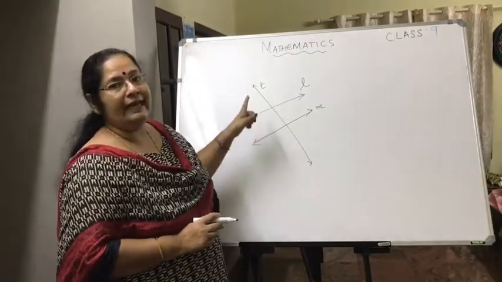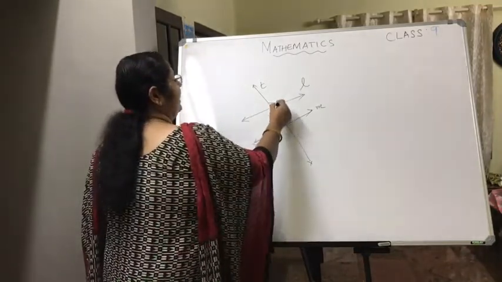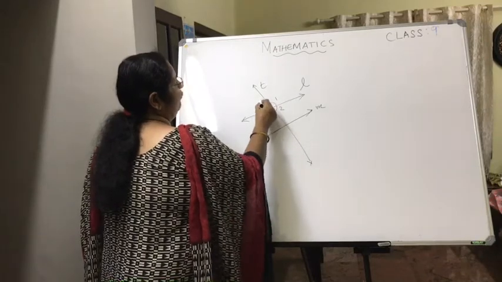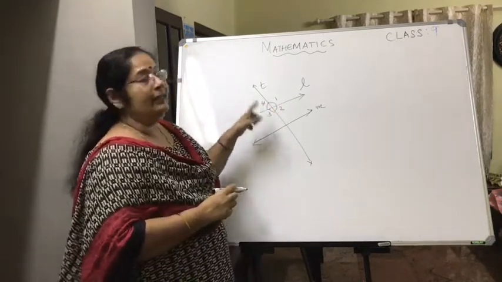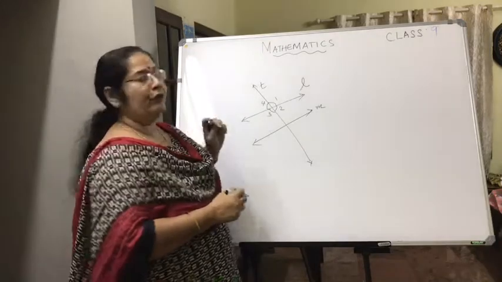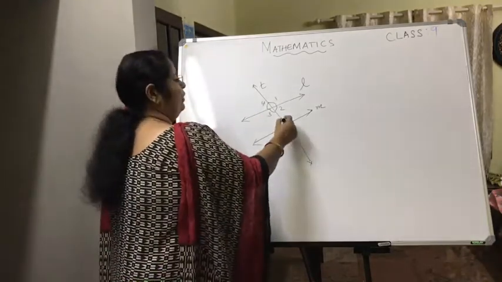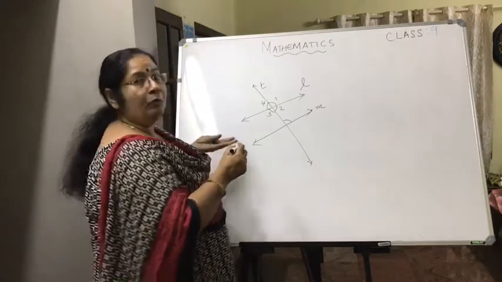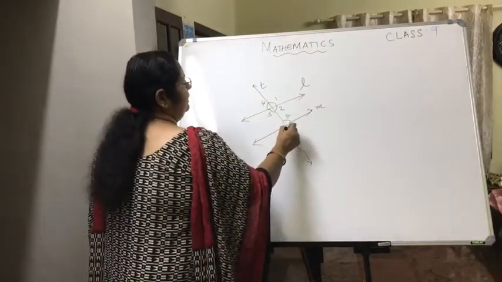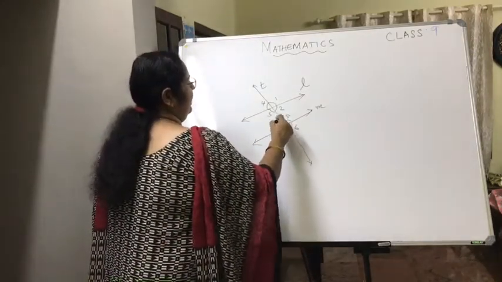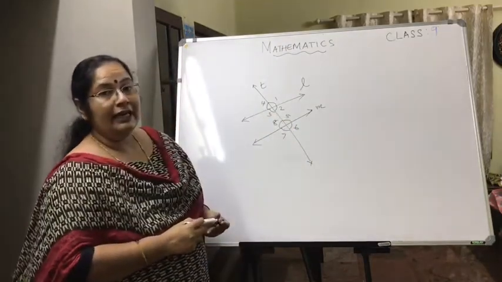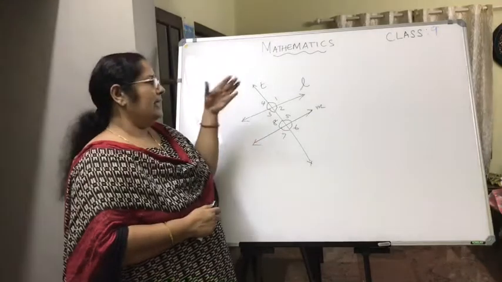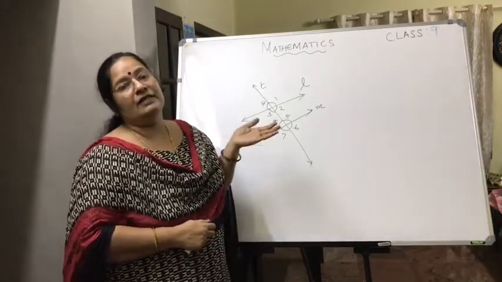See, this is one angle, 2, 3 and 4. So with the first line, this transversal makes 4 angles. Same way, with the second line also, the transversal makes 4 more angles: 5, 6, 7 and 8. So a total of 8 angles are formed when two lines are intersected by a transversal.